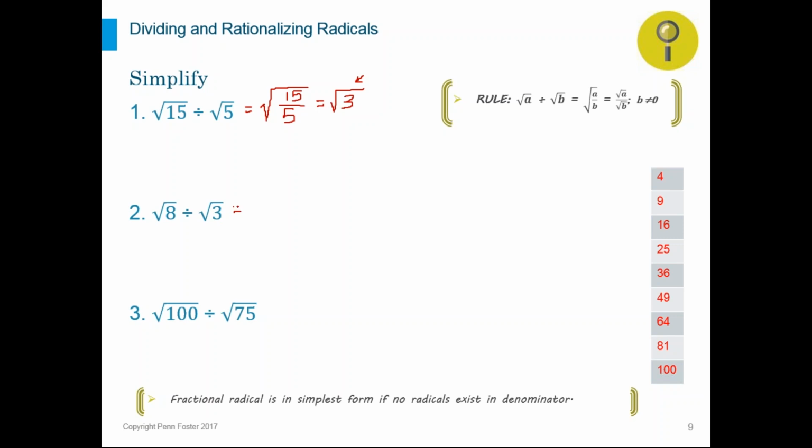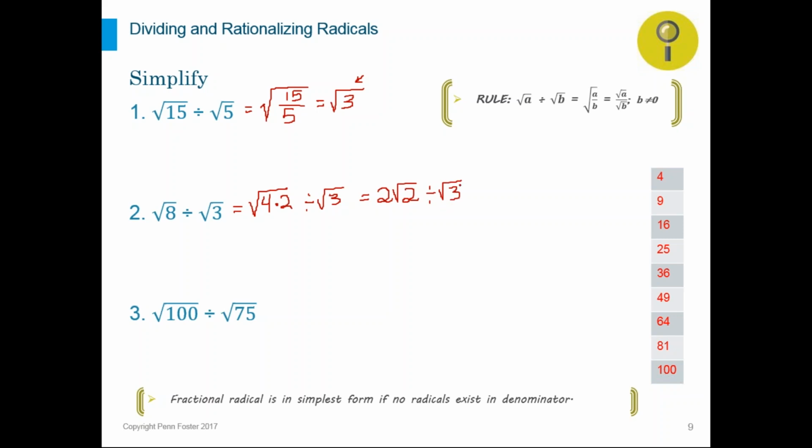What I'm going to do is break down the 8: 4 times 2, still dividing by the square root of 3. The square root of 4 is 2, so 2 has to go outside, and the other 2 will stay inside, under the sign, divided by the square root of 3.